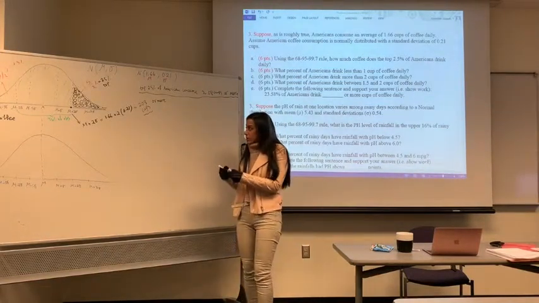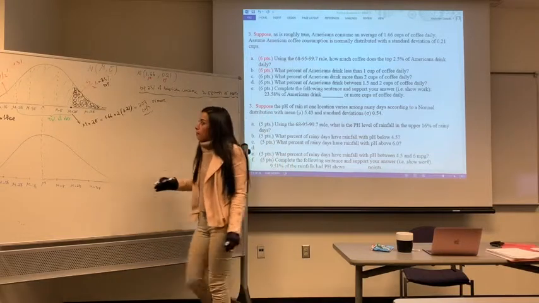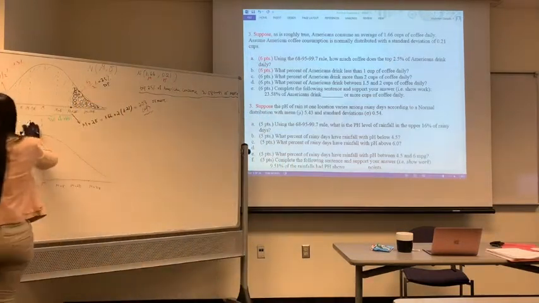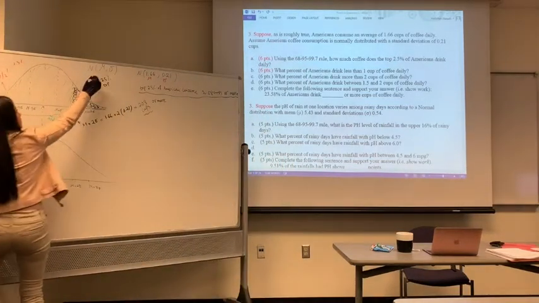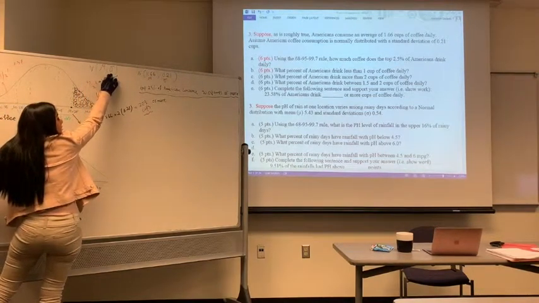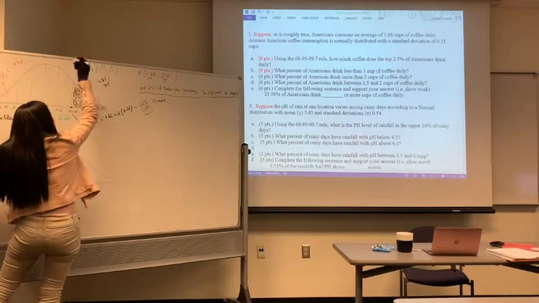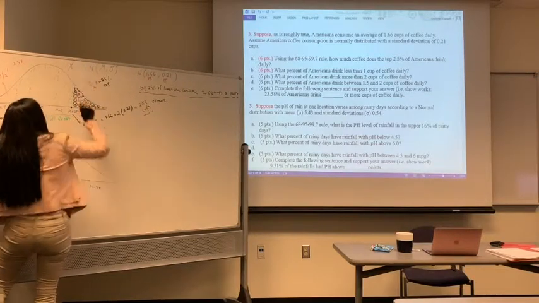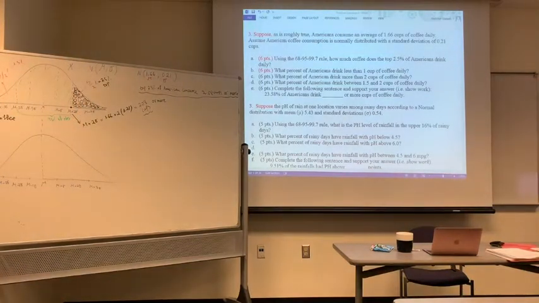Okay, so this is a distribution which has a mean of mu and a standard deviation of sigma, correct? I want to say there is this x as a variable, and in this example, x is cups of coffee, the amount of coffee.